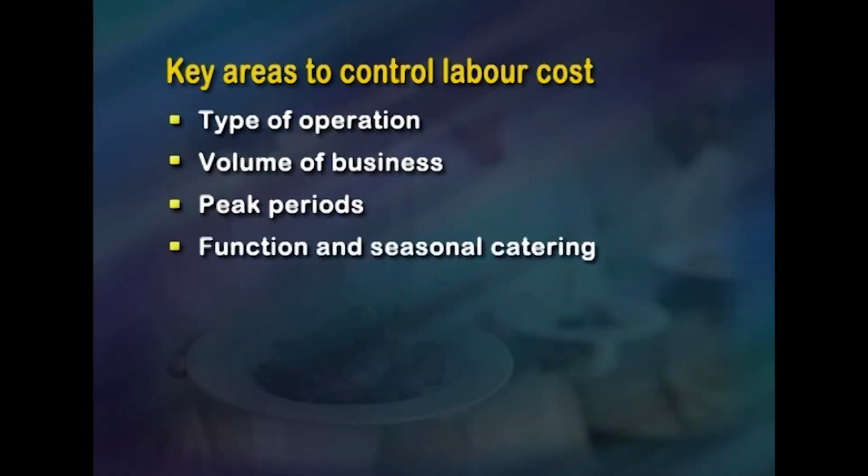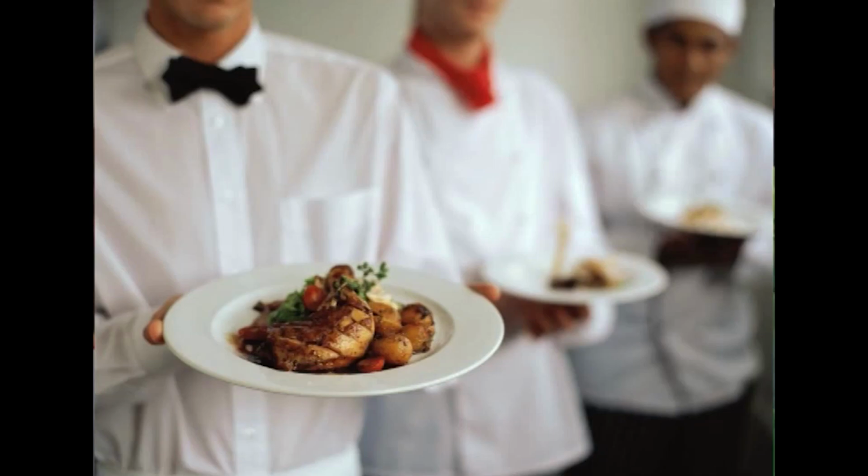Look at the time of the day or the days of the week when the maximum customers arrive. Schedule employees according to weekly forecast. Function and seasonal catering. Whether customers' demand changes with the seasons. If there are too many functions, consider how best to schedule staff to prevent additional part-time staff from being used.